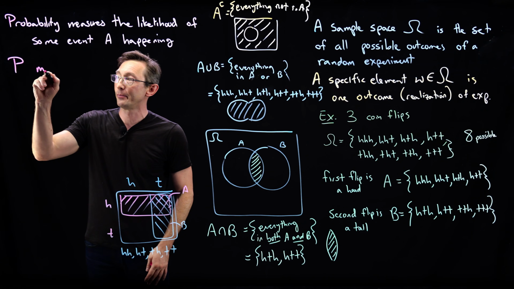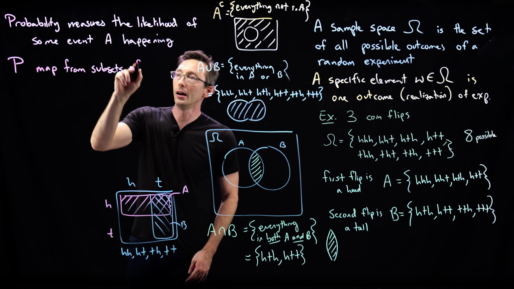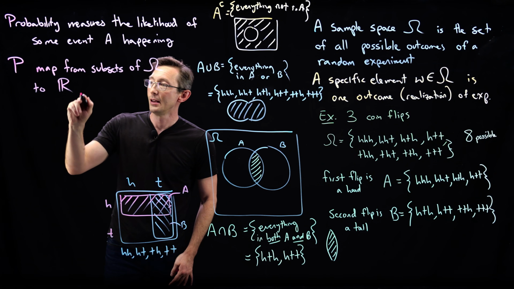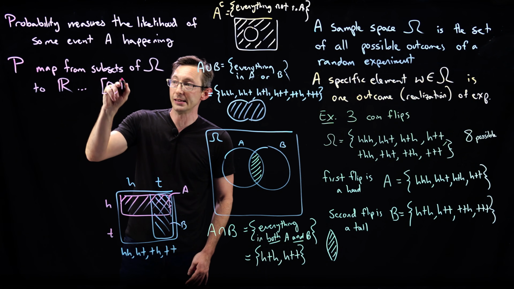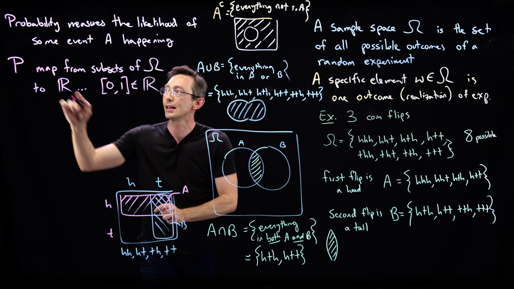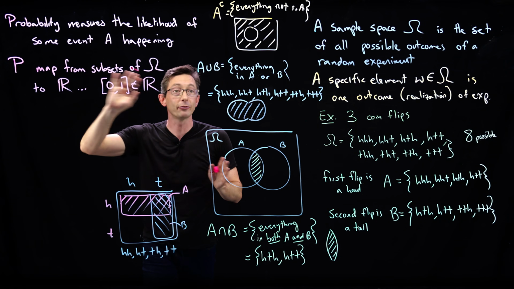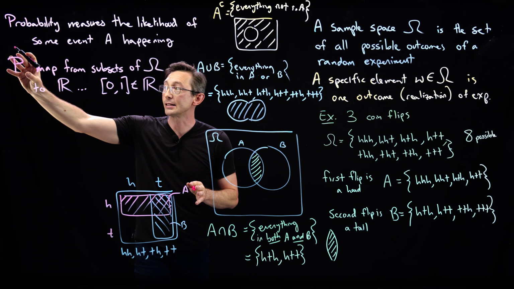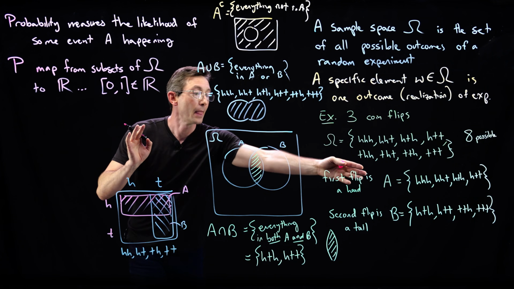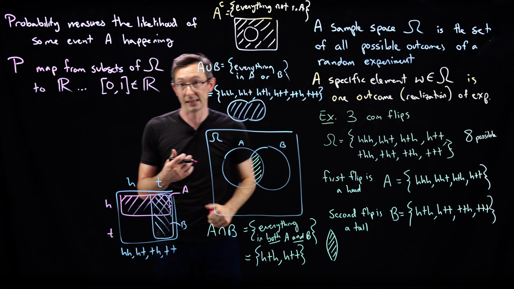So it is a map from subsets of omega to the real numbers, to the reals, and specifically to a number between 0 and 1 in the reals. Okay, so this is mathematical language that says for every single set that is a subset of omega, for every subset A, P is going to assign a value to that subset, which is the probability between 0 and 1 of a random element being in that subset.